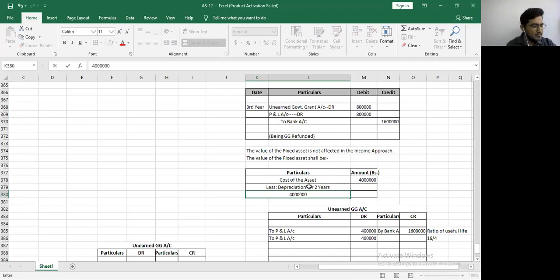40 lakhs minus, look at the question, what's your residual value? 8 lakhs. Divided by useful life 4 years, into 2. How much depreciation do you get over here? 16 lakhs.